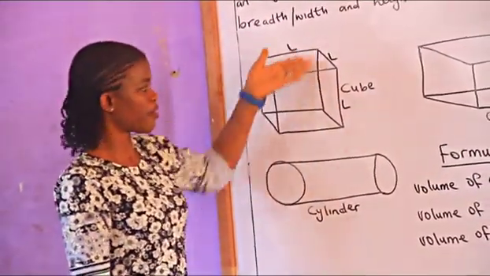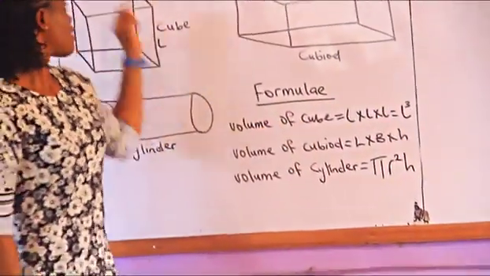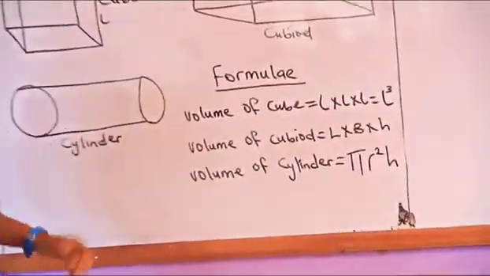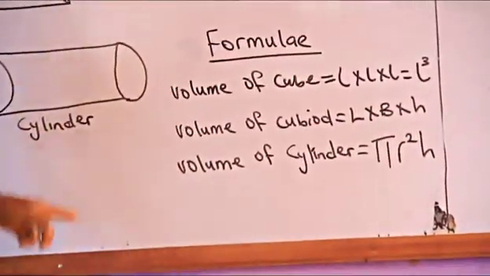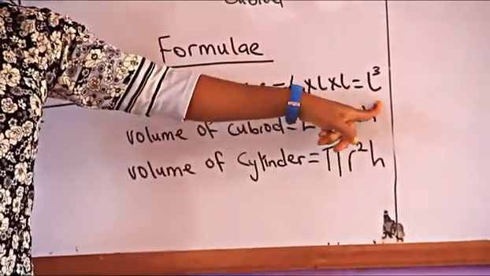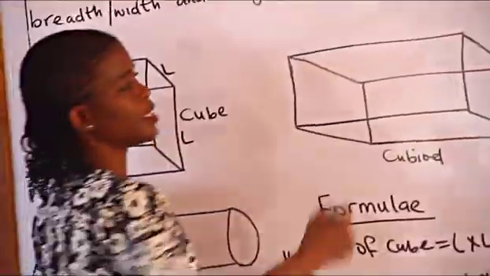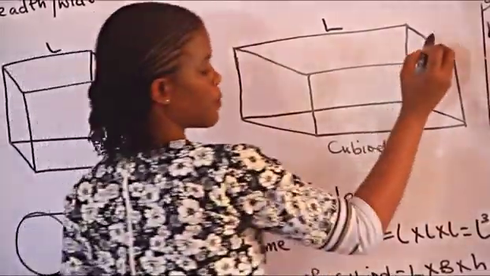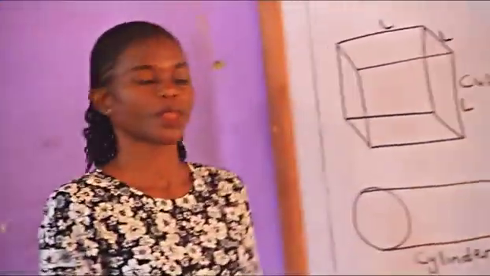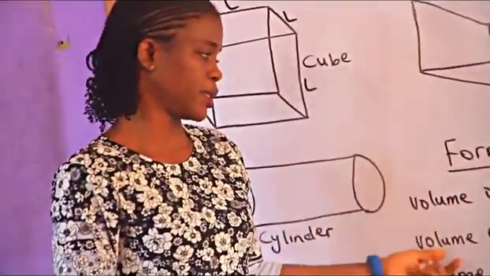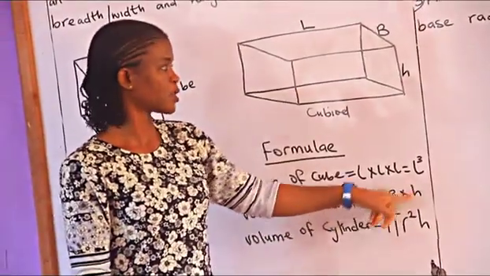This gives us the formula: length, which is L, multiplied by breadth, which has been given as L as well, and multiplied by the height, which is also L, which gives us L raised to power 3. For the cuboid, it is the length multiplied by the breadth and the height. The formula for cuboid is the length multiplied by breadth multiplied by height.